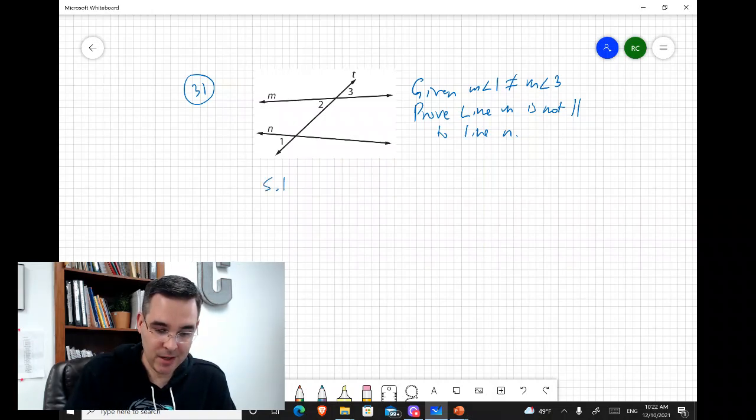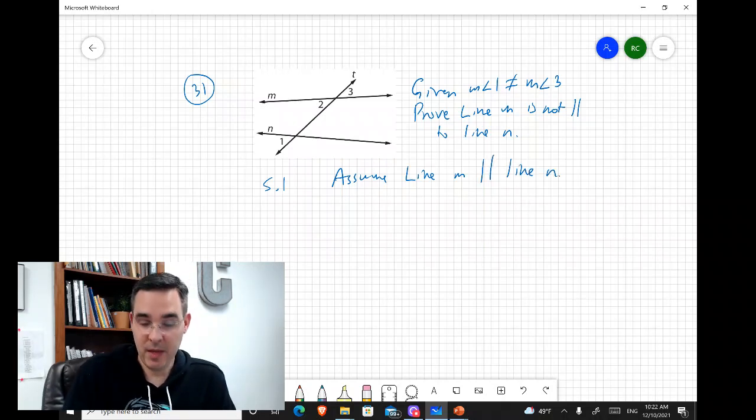I have to contradict what I'm asked to prove. I'm going to assume that line M is parallel to line N. So I'm taking the contrapositive.